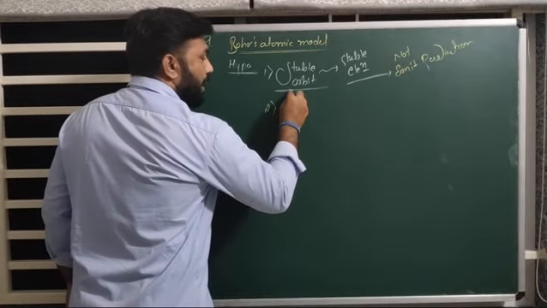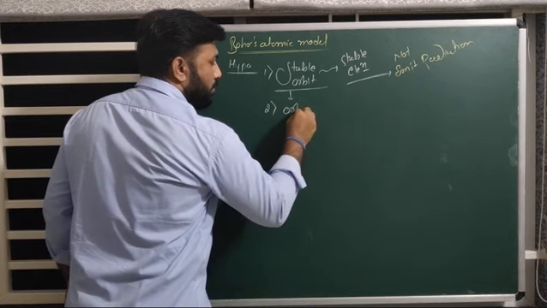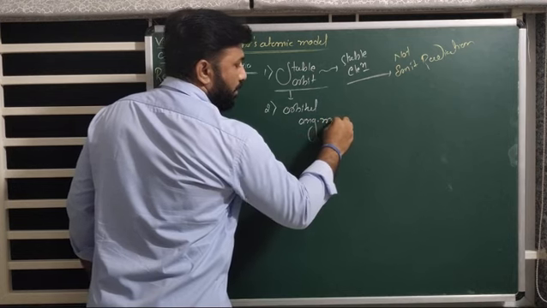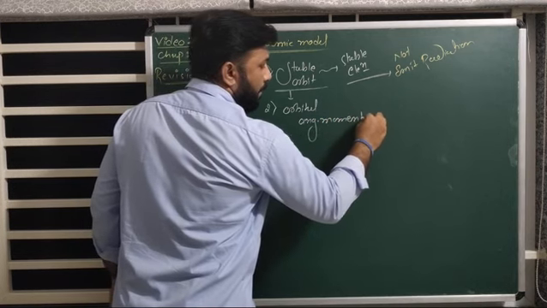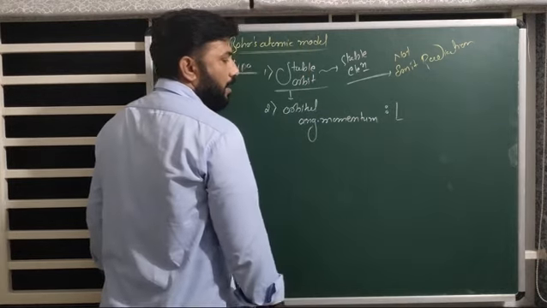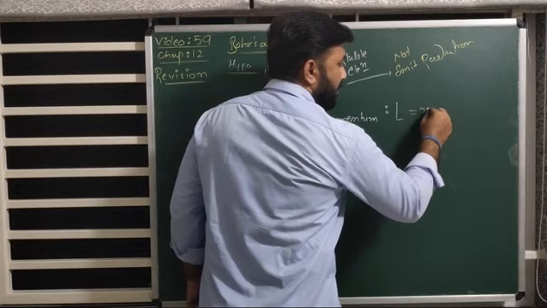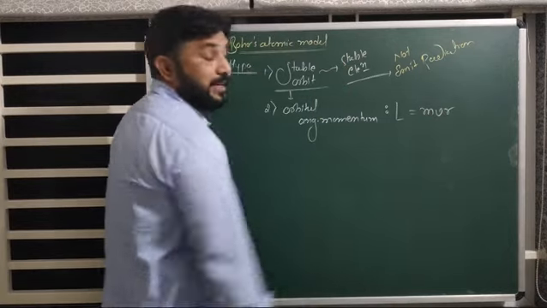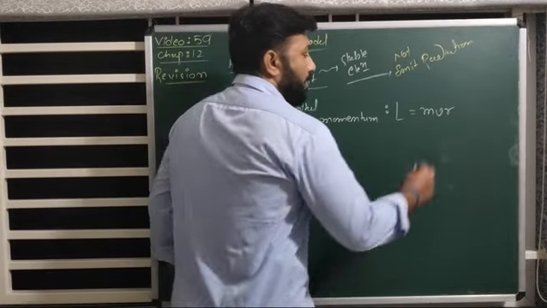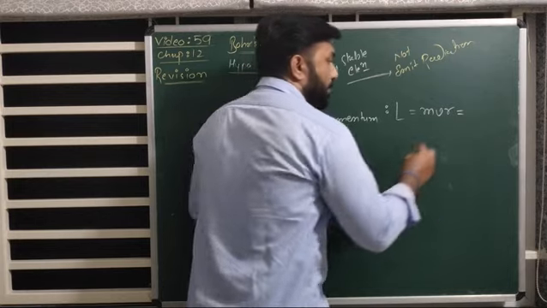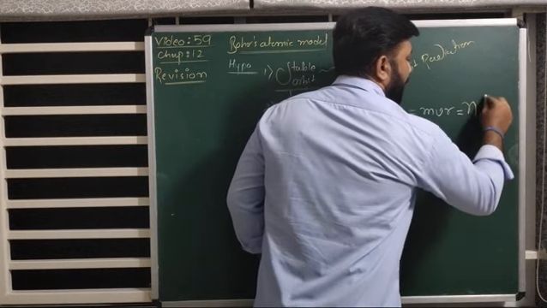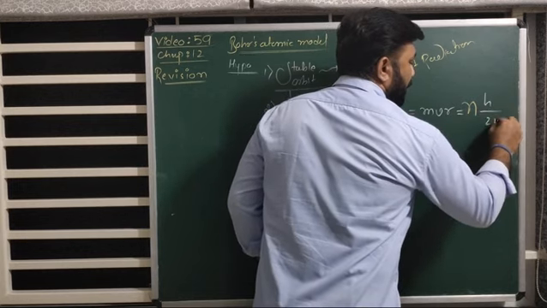The stable orbits are the orbits whose orbital angular momentum, symbolized as L, which is mvr (this equation we obtained in 11th standard), is an integral multiple, that is n, of h upon 2 pi.